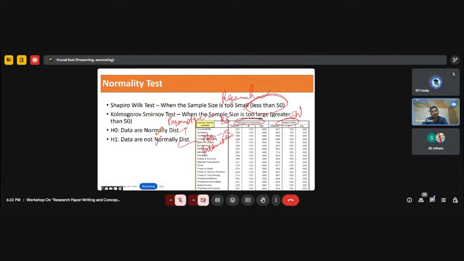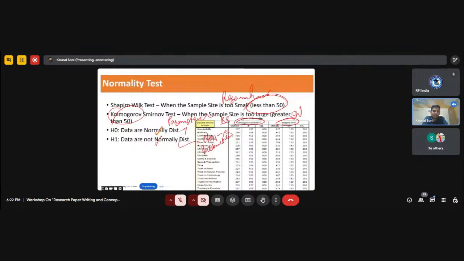But if you are going beyond 50, you have to go for the Kolmogorov-Smirnov test, which you apply when your sample size is large.